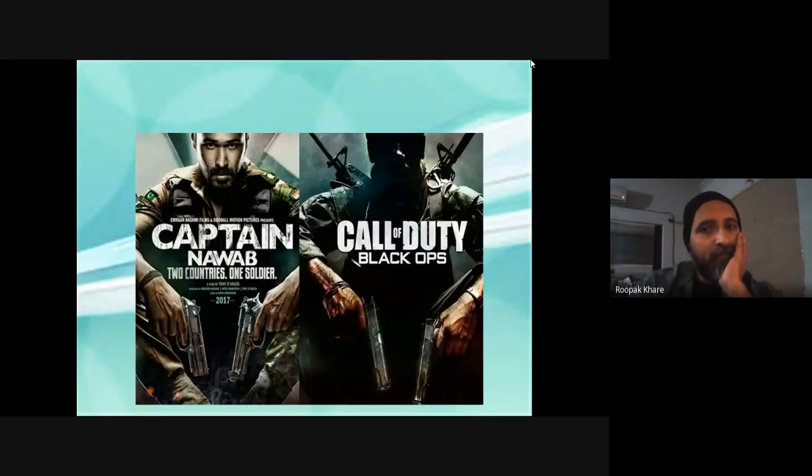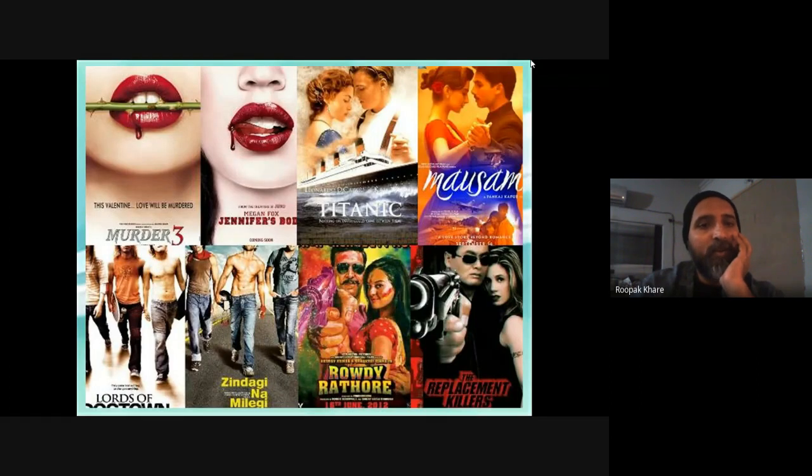Captain Nawab copied from Call of Duty, and so many others. Here, these two posters are copied. Here, Mausam copied from Titanic, the poster. Lot of Dostana and Zindagi Na Milegi Dobara. A lot of posters copied.